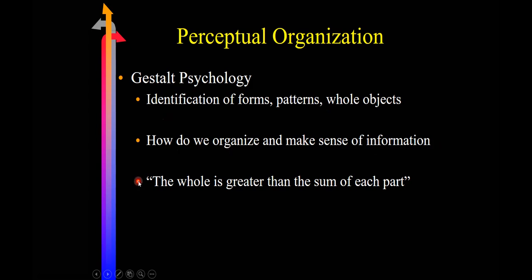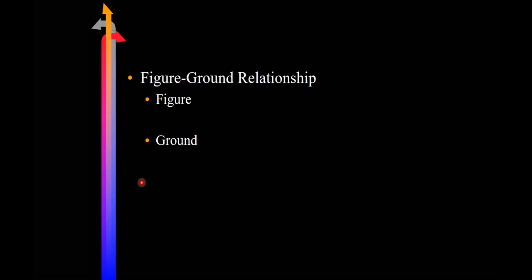So when we look at an object, the whole object that we identify has greater meaning than just each individual part of that thing, okay? So as we do this, we're going up the scale of meaning as we assemble the various forms, patterns, and objects. So one of the things that we use is to identify figure and ground relationships.